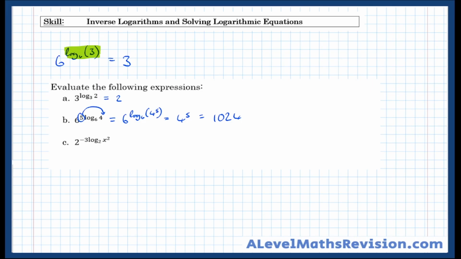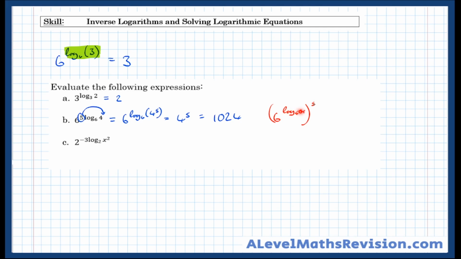There's an alternative way of doing that, actually, which I will introduce to you now. So we could use index laws. So that says 6 to the power of log to the base 6 of 4, and we could think of that as all being to the power of 5. So remember index laws.